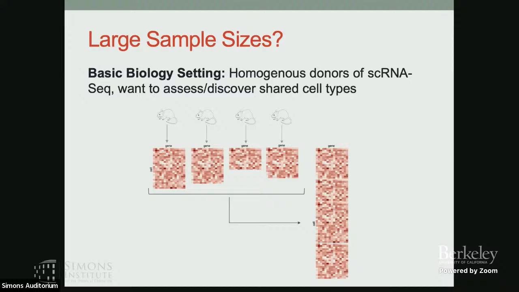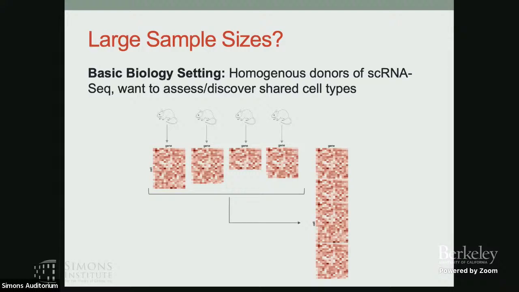In many large census or atlas projects, the goal is to discover the diversity of cell types and to get as many cells as one can. In that setting, for example, as part of a mouse brain atlas project that I was tangentially related to, to get enough cells, you might have multiple mice that you use as donors for the cells that provide gene matrices. And they're hopefully homogeneous, genetically identical, very similar.